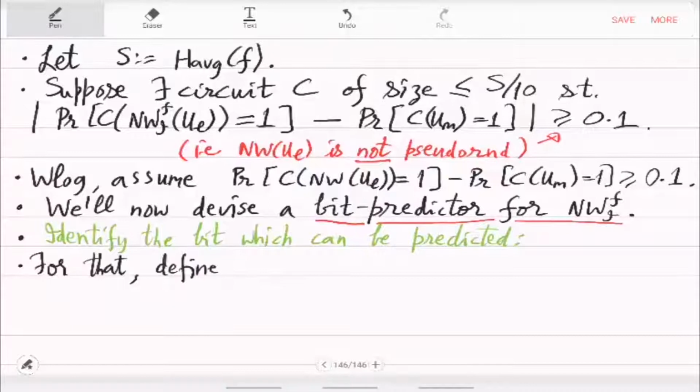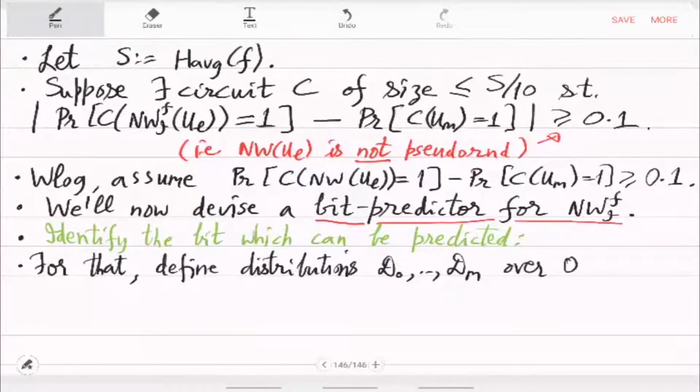So, define distributions D0 to DM such that for all i, this distribution Di will basically use only the prefix of the NW distribution.